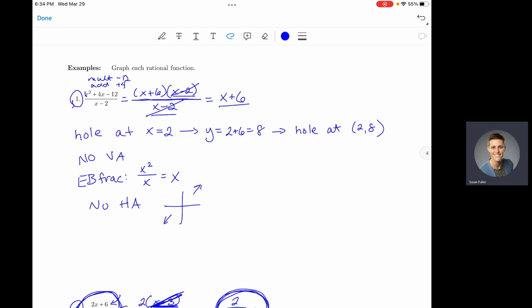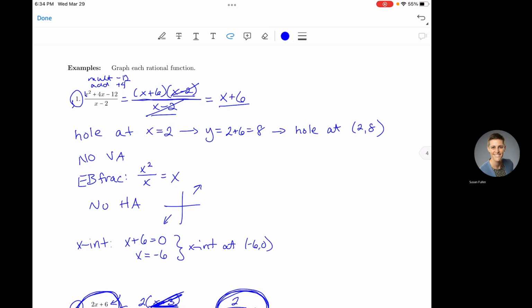And I know I'm speeding through this, but I want to point something out. To find your x-intercepts, you would take your numerator, what's left, which is x plus 6, set that equal to 0 and solve for x. So that's negative 6. That means you have an x-intercept at negative 6, 0. Now, what a hole does is it doesn't change the shape of your graph, it just pokes a hole.